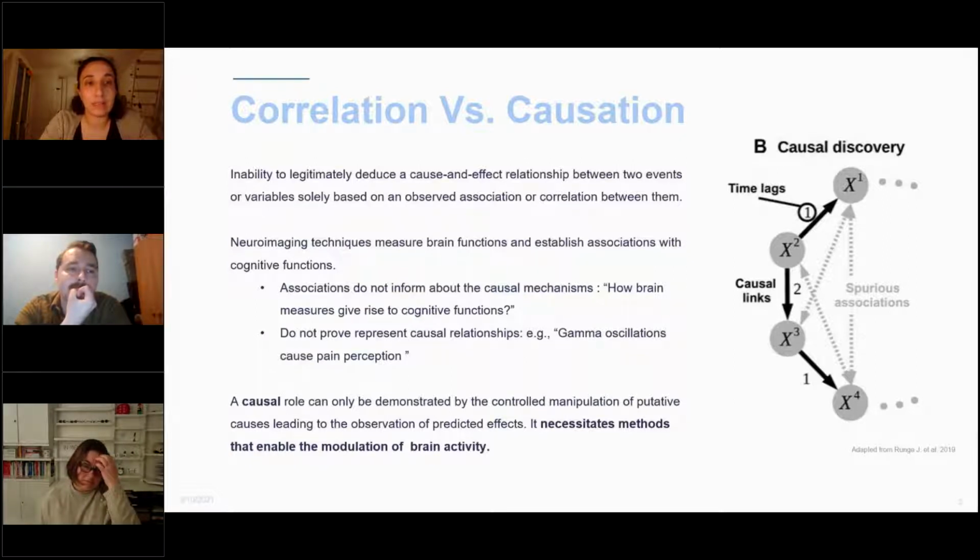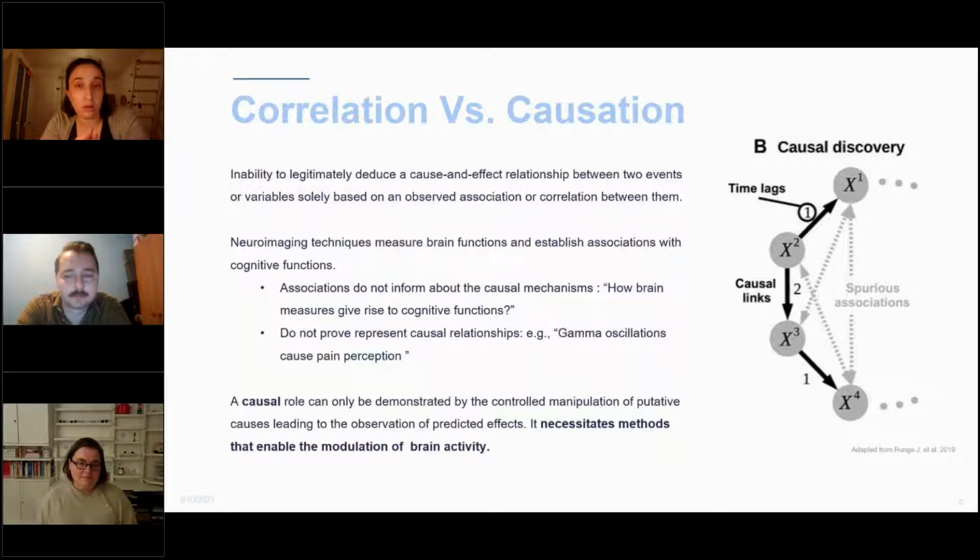So we cannot jump to conclusions about causal mechanisms or causal relationships between specific brain measures that we take, for example, from EEG, and the specific brain cognitive functions.